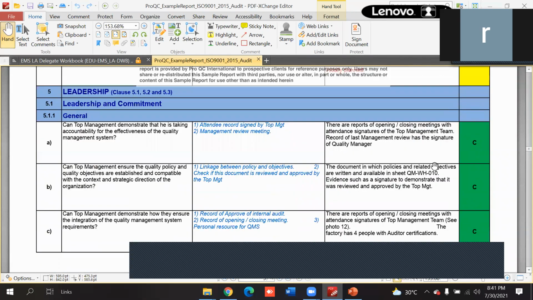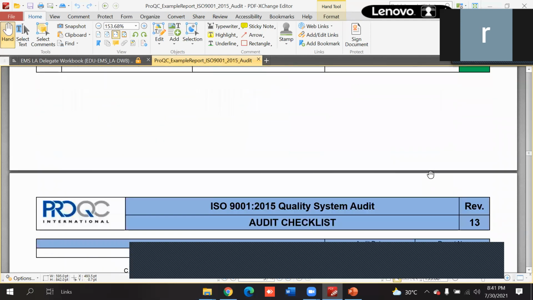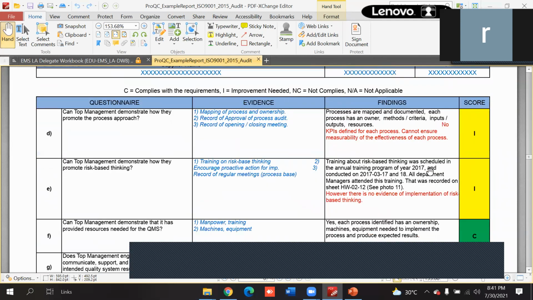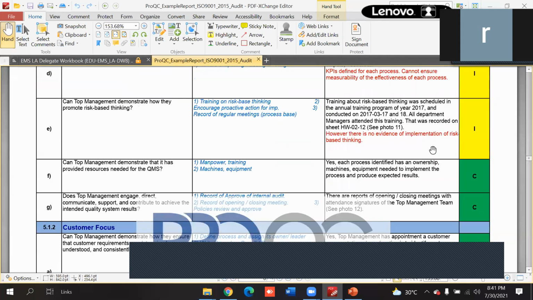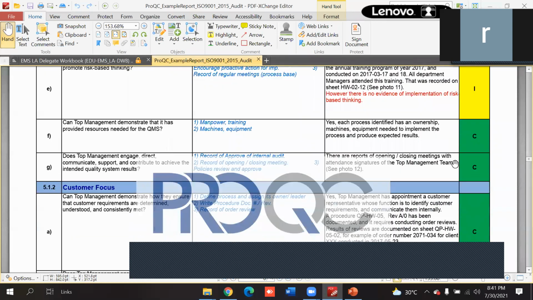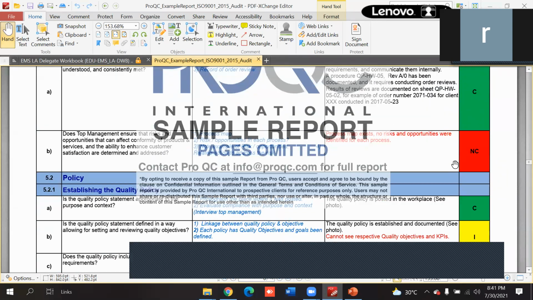Maybe we look at leadership. Top management, how they promote. Also KPIs defined for each process, but can we ensure measurability in each process? I can look at some NCs.